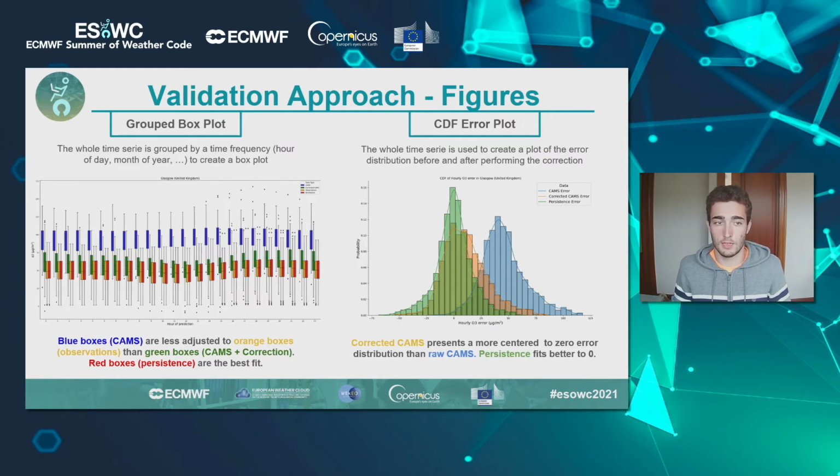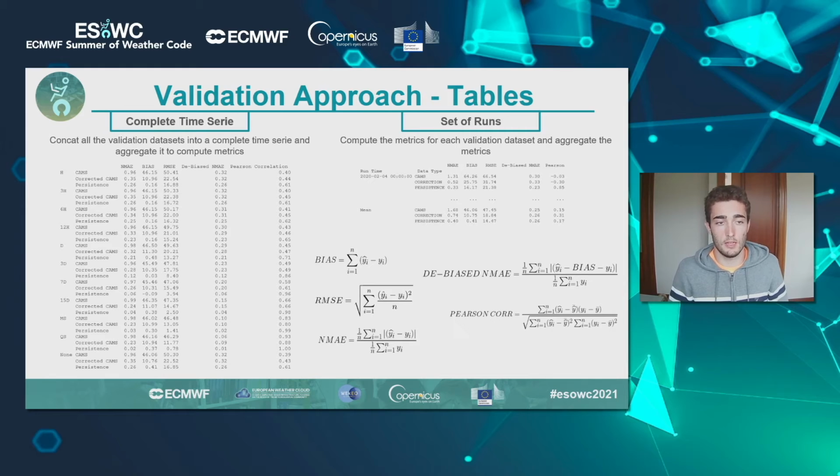And now we move to the next slide, where in addition to the validation plots, we have also considered different error metrics. For example, during the validation phase, we have considered error metrics with respect to different time periods.